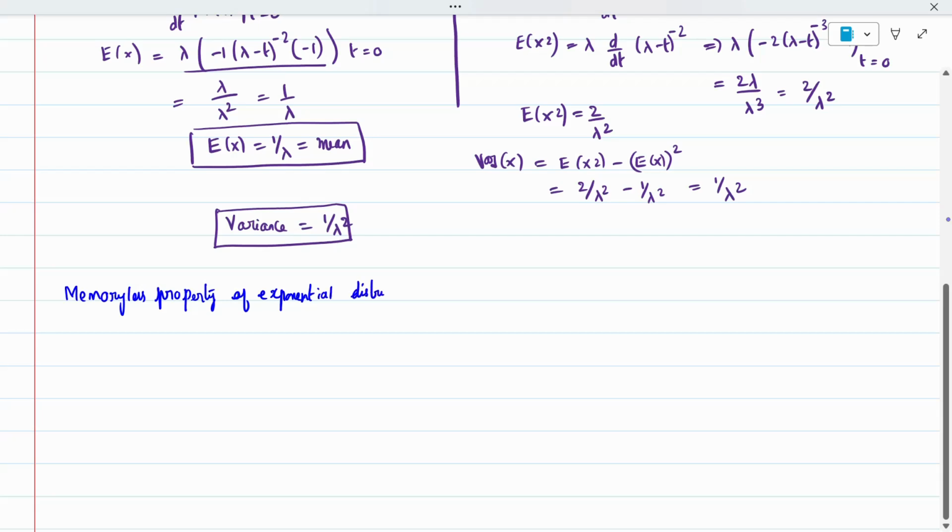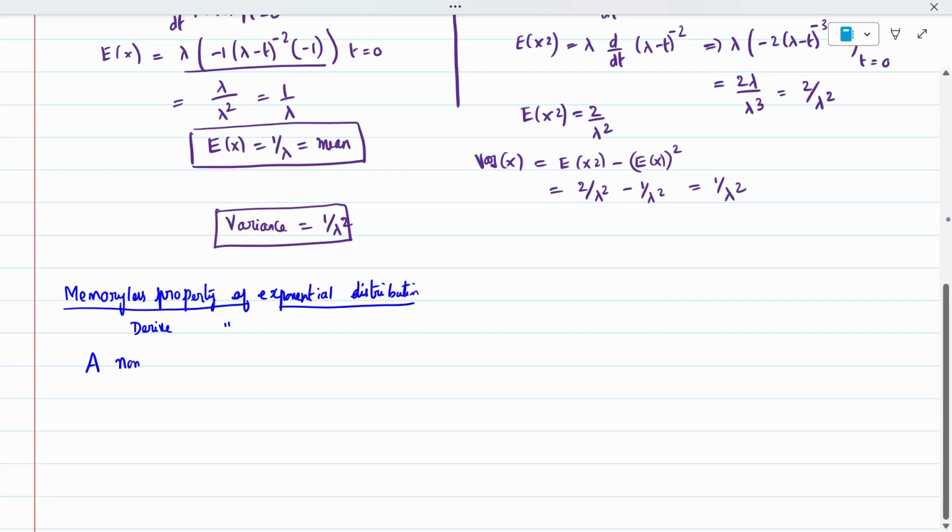If it is asked as a derivation, derive the memoryless property of the exponential distribution. How to derive it means first we have to write the statement. So what is the statement?